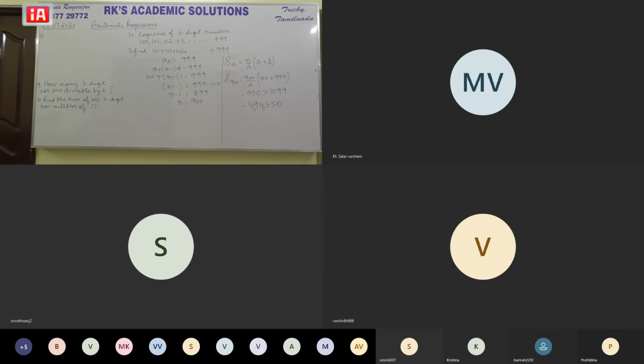So what you see on the board is the sum of all the 3-digit numbers from 100 to 999, correct? What was the first step? To find the value of n. You cannot find the sum without knowing the value of n. Sum of how many terms? So first find n. How do you find the value of n?